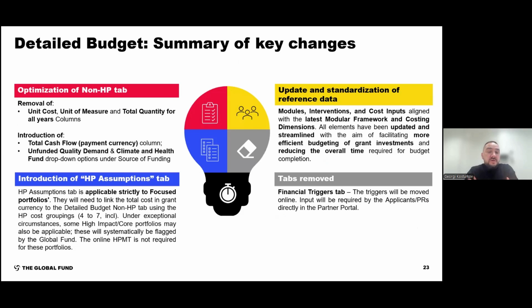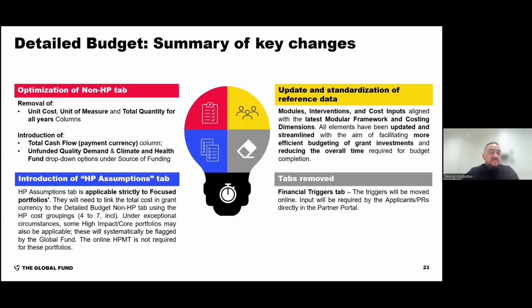So I would like to present very briefly the key changes to the detailed budget tab. We have categorized them in four different categories. One is the optimization of the non-health product tab.